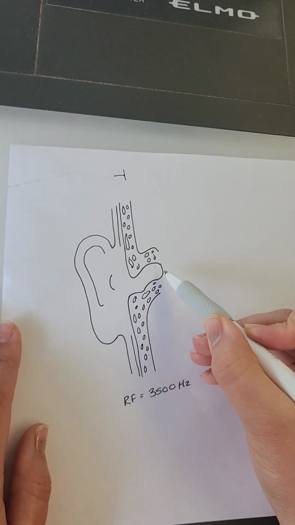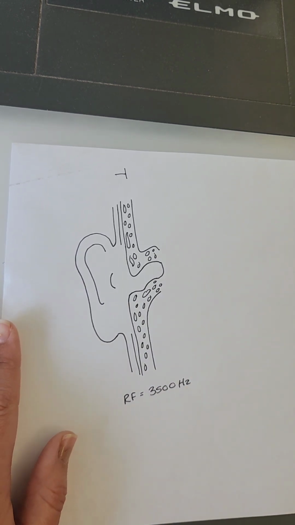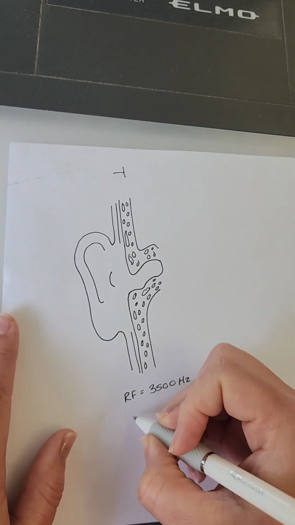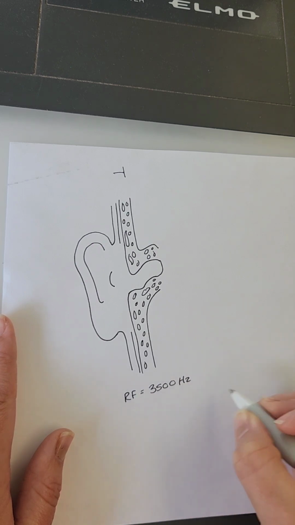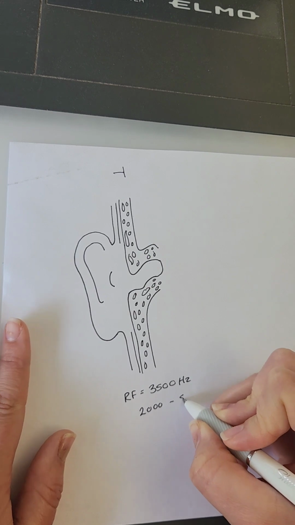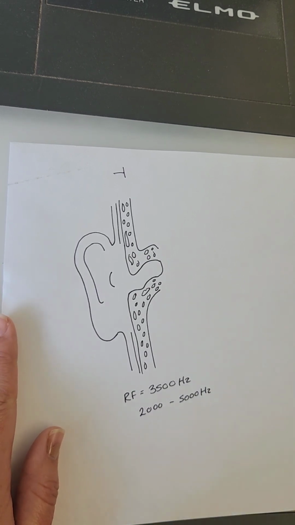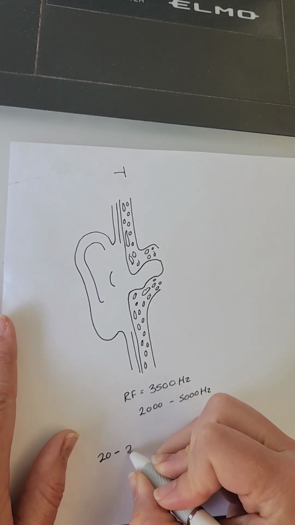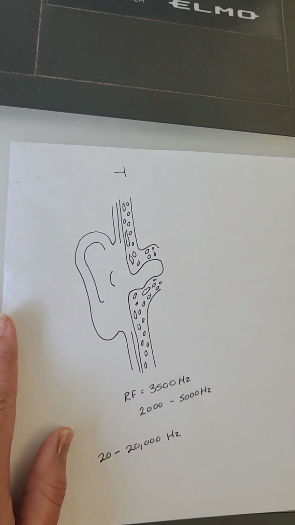But because it's irregularly shaped, it has a pretty wide bandwidth. And so what we see is it's able to resonate or amplify high frequency sounds from about 2,000 to about 5,000 hertz. Okay, now that's really important because our ear in total has the ability to pick up sounds from 20 to 20,000 hertz, from very low to very high sounds.